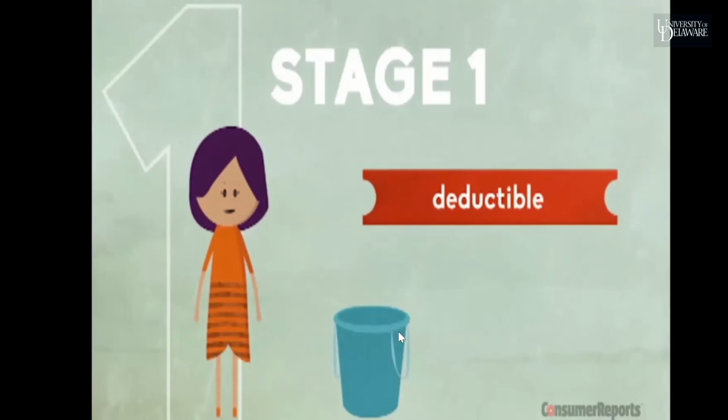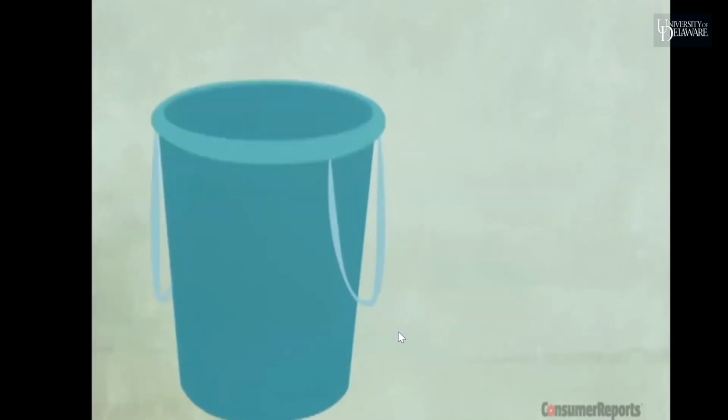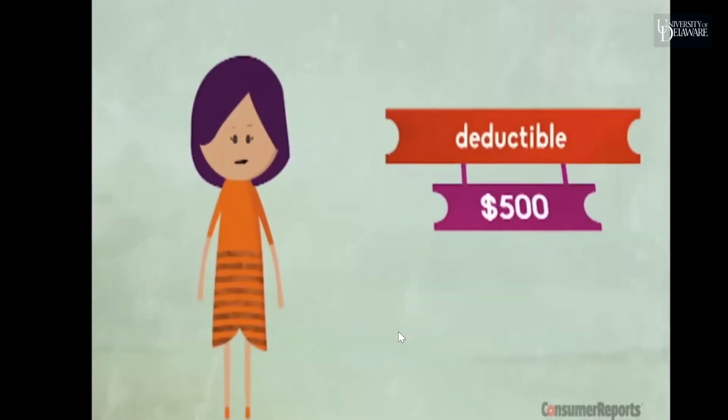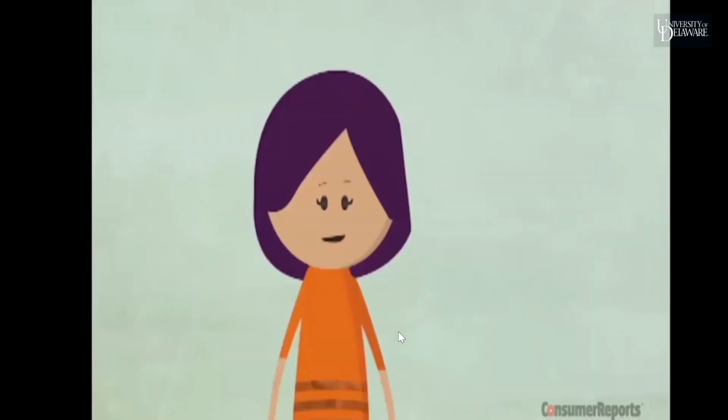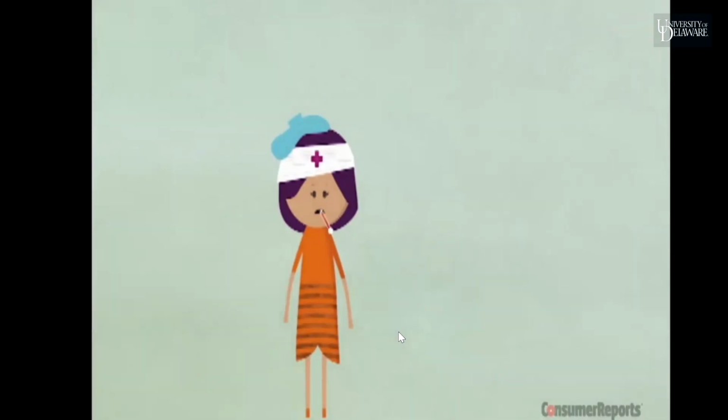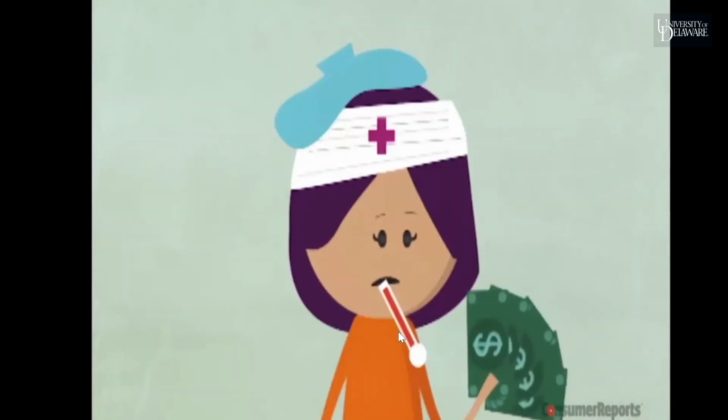Deductible. A deductible is the amount of money you have to pay for your care before the insurance company will share the costs. So let's say your deductible is $500. That means almost every time you get health services, you will pay for all those services until you've paid a total of $500. It's like you're filling up a bucket.